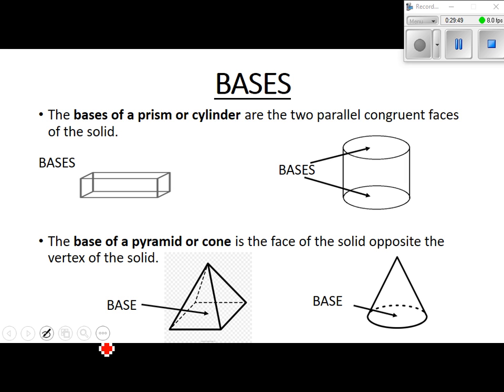Sit down, shut up, and do your work, guys. We lose a whole bunch. Fill in what you need to fill in on this slide if you haven't already.